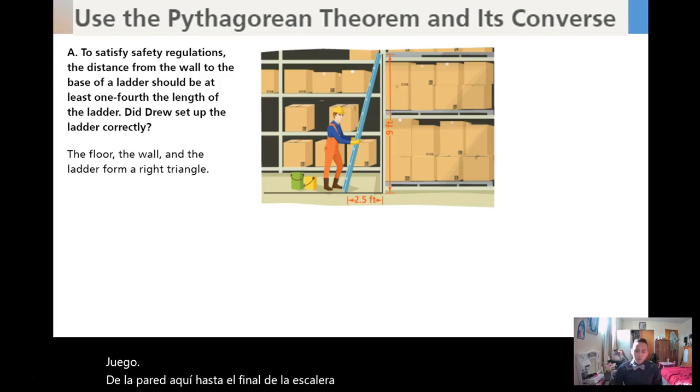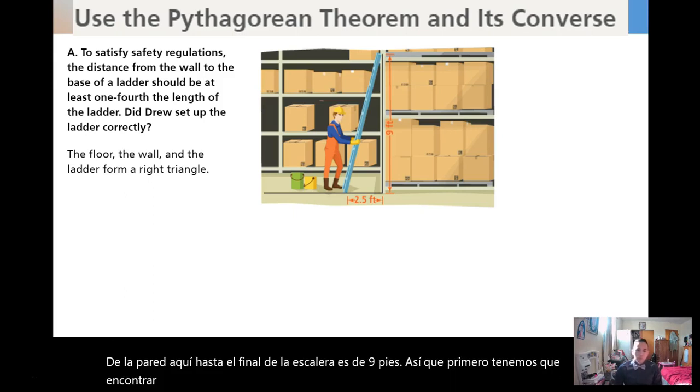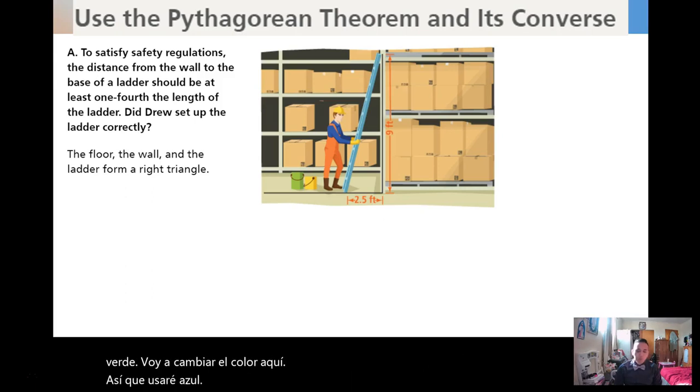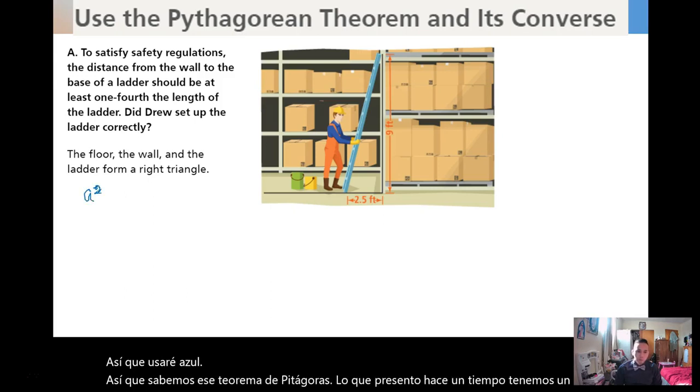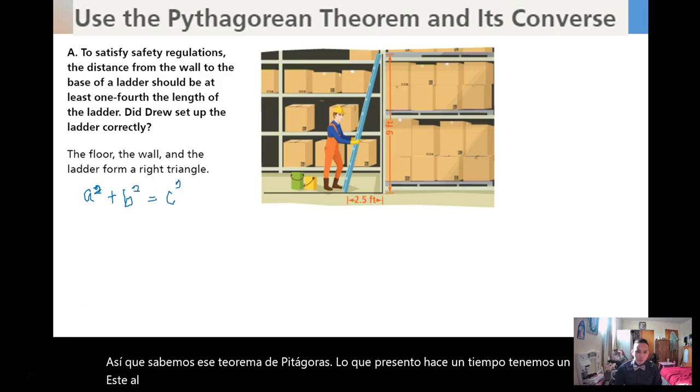First, we have to find the length of the ladder using the Pythagorean theorem. I'll change the color here to blue. We know that a squared plus b squared is equal to c squared.